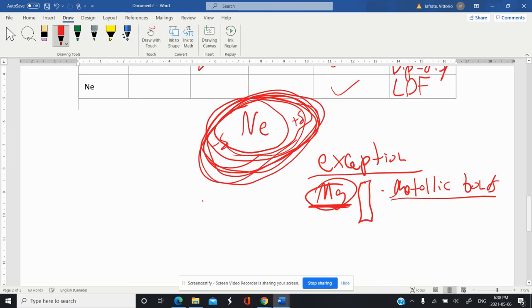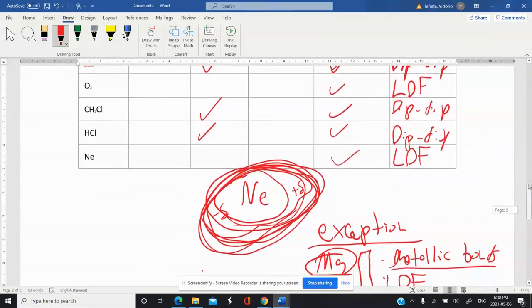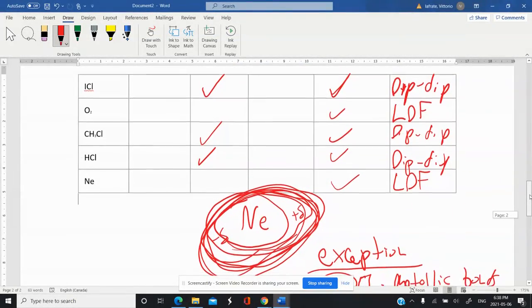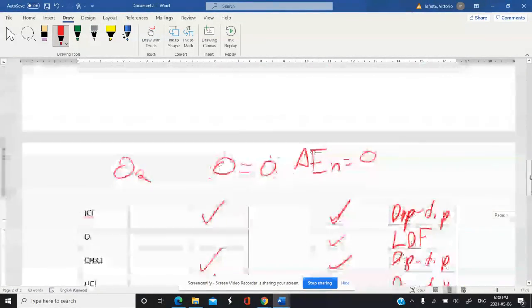So if you have a sample of metal like magnesium or copper, they're further strengthened by their metallic bonds. There's also LDF there, of course, but again, further strengthened by metallic bonds. But that's more beyond the scope of the course. You do know it now, so you can explain that idea. But we have neon there with only LDF being in its gas state.